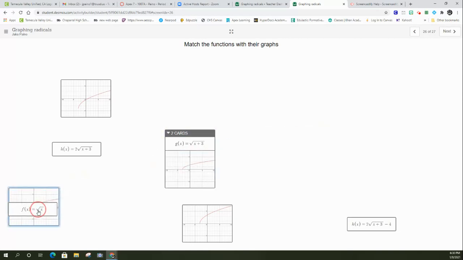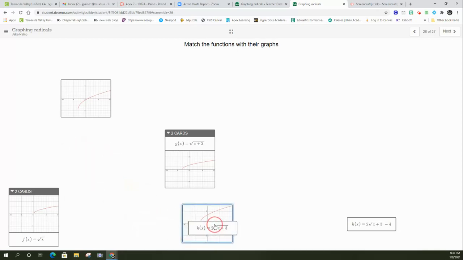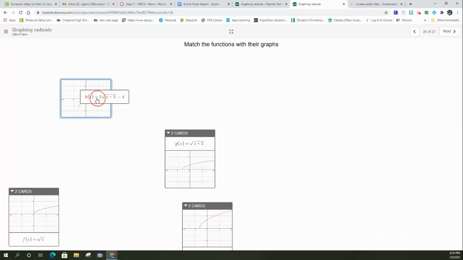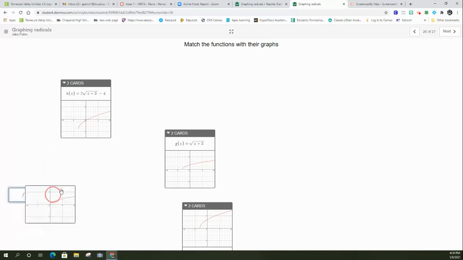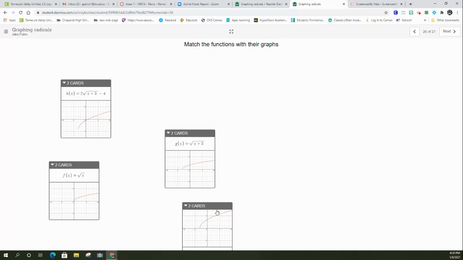That looks like this one. This one is shifted 3 spots to the left, but has an a of 2. So it's up 2 over 1, up 2 over 3. So that's that one. And then this one is shifted left 3, down 4. So it must be that last one there. Okay, so we got those all matched up.